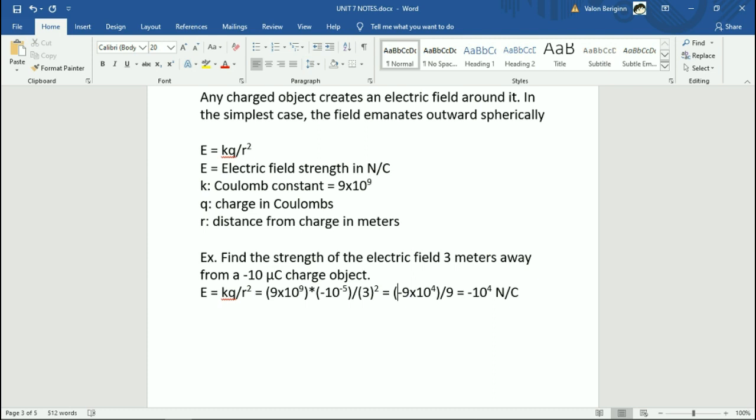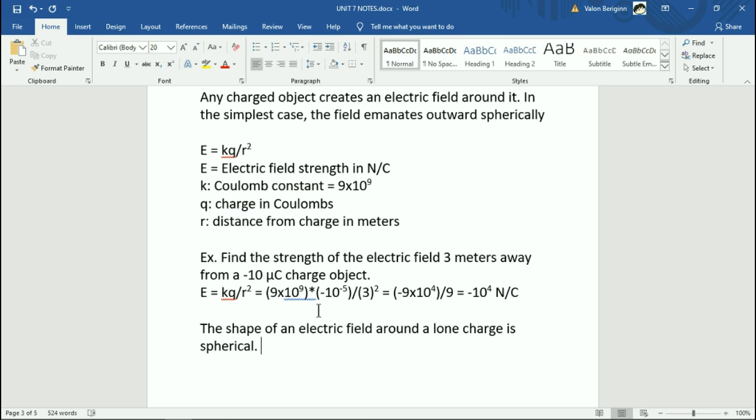This is where the plus or minus comes into play. So, the shape of an electric field around a lone charge, just one charged object separated from any other charged objects, is spherical.